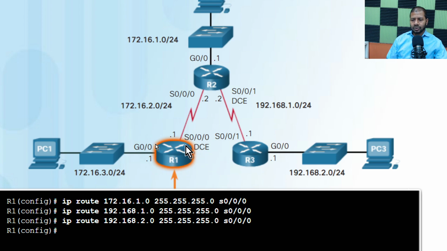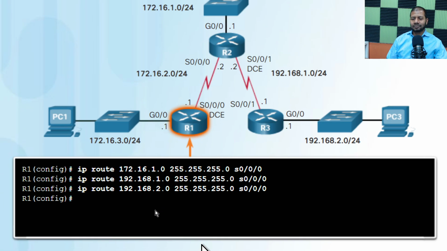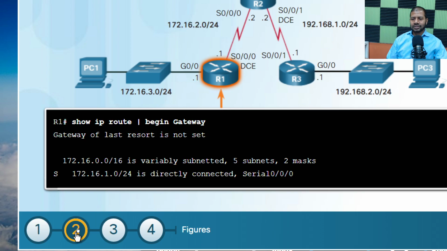See, serial 0. Now you are specifying a serial exit interface instead of writing down the IP address of R2. Now you are specifying that, go out through this interface. You're going to automatically reach R2 and go to that network. So that's what it's telling you.